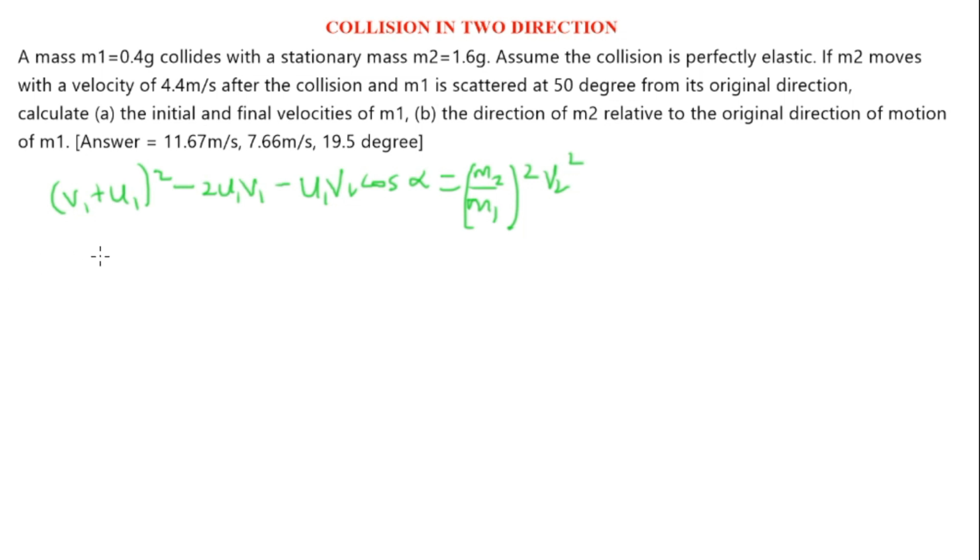Minus 2u1 v1 is common to both terms, so that we can have (v1 plus u1) squared.